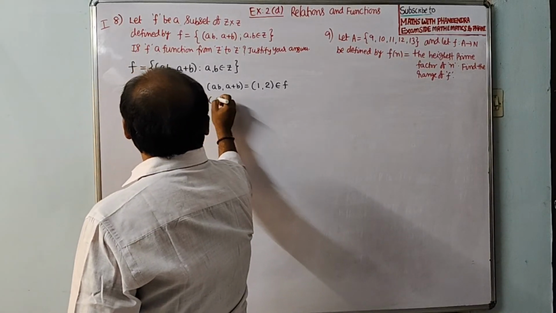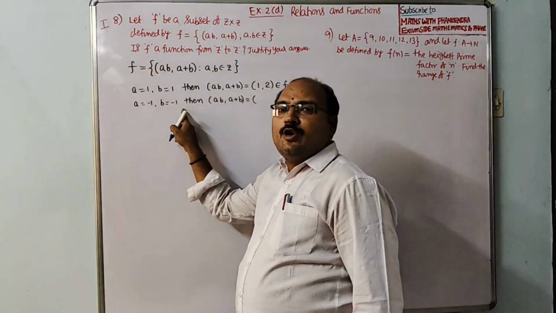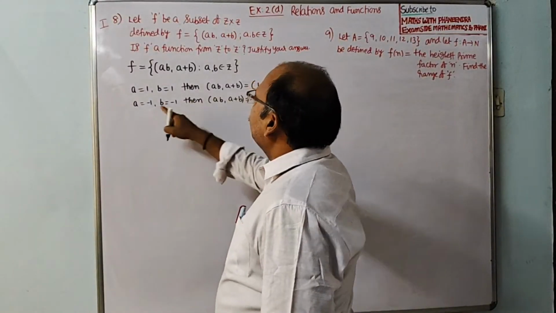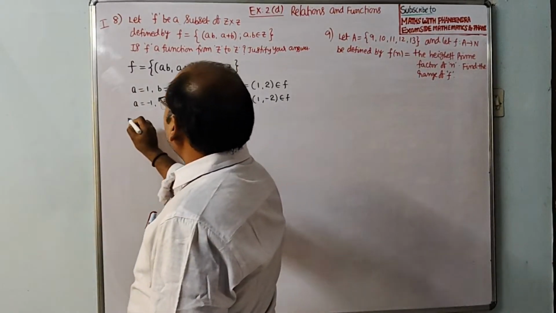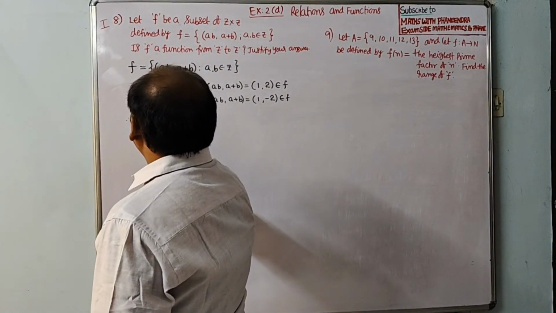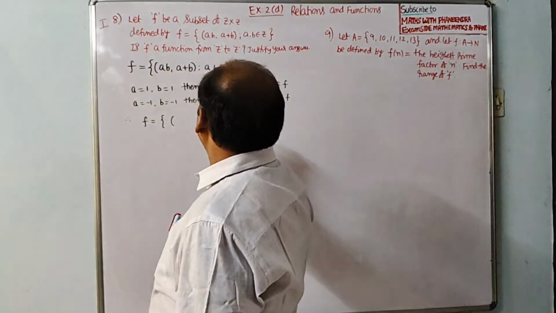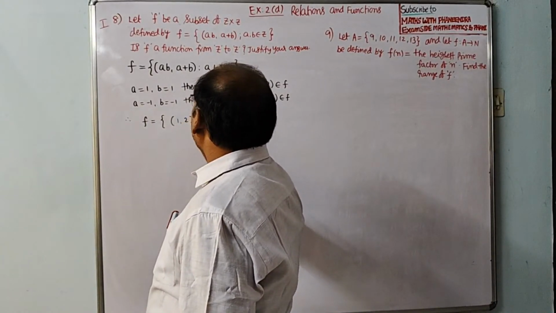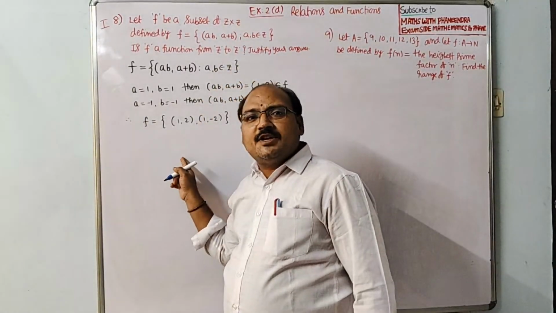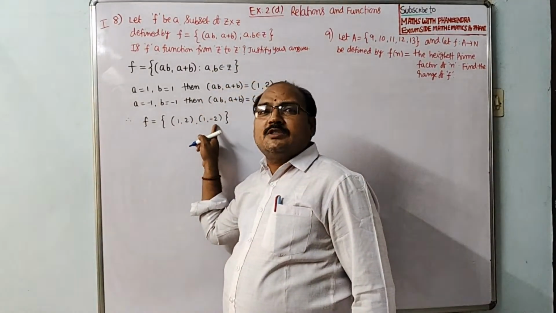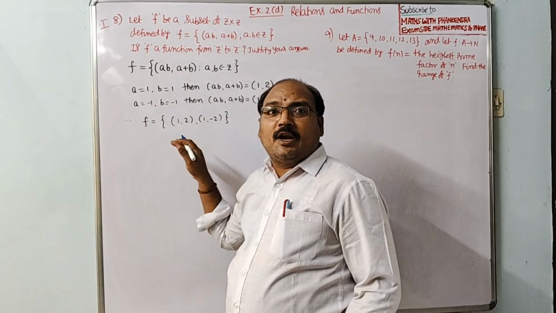Then AB is minus 1 into minus 1, which is plus 1, and A plus B is minus 2. That also belongs to F. Therefore, for convenience I am taking only 2 elements: (1, 2) and (1, minus 2). By observing the relation F, the first two elements are the same, so it cannot be a function.